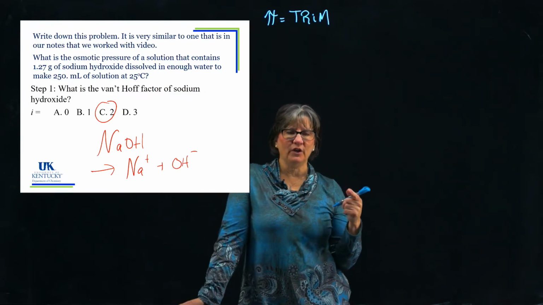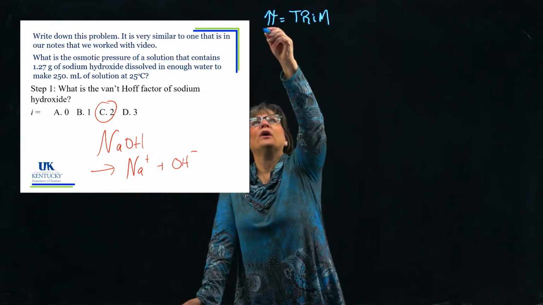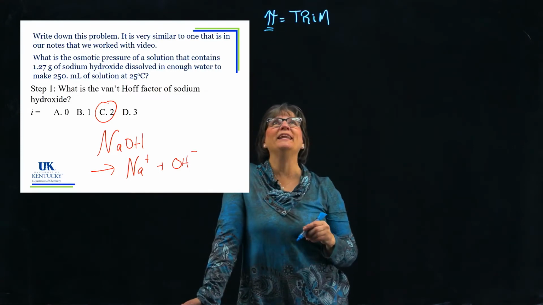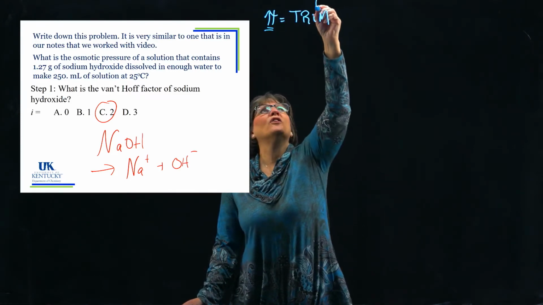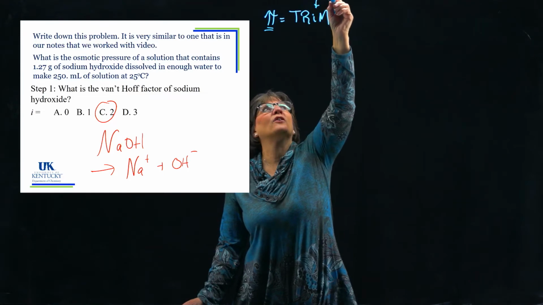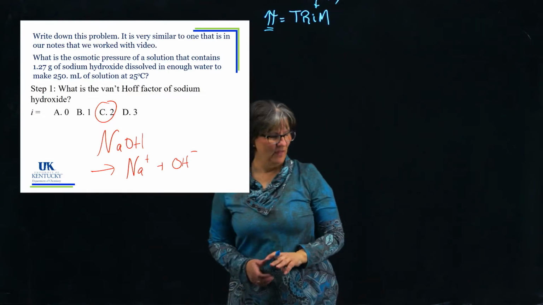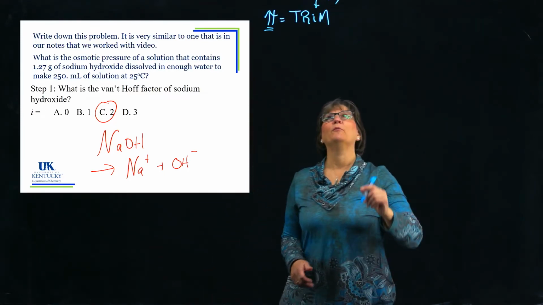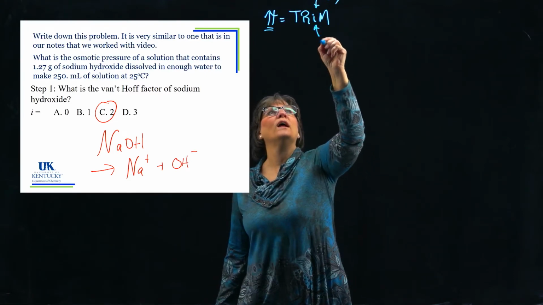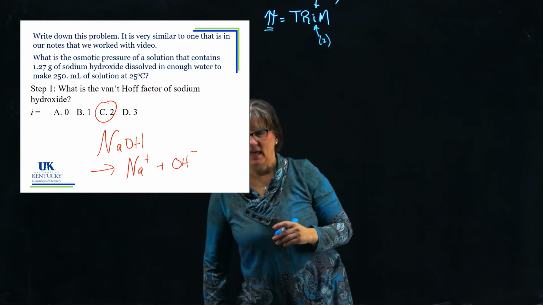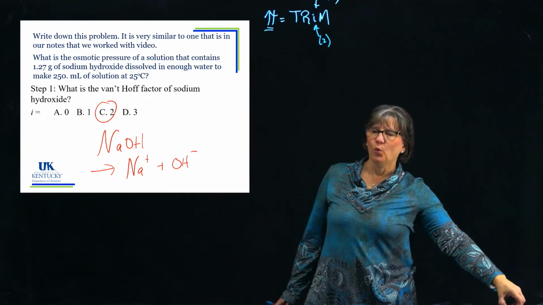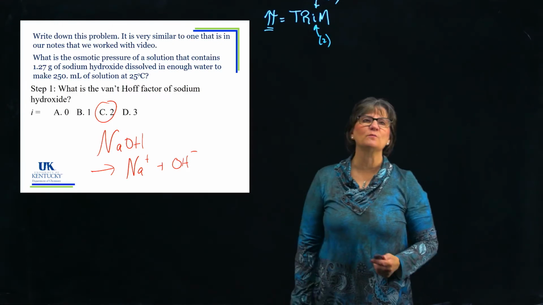So we're trying to figure out the osmotic pressure. That's this capital Pi here. We need all those other things. So we saw that we need the Van't Hoff factor, and we have determined that it is a 2. All right, so we need this equation. We're trying to find osmotic pressure.